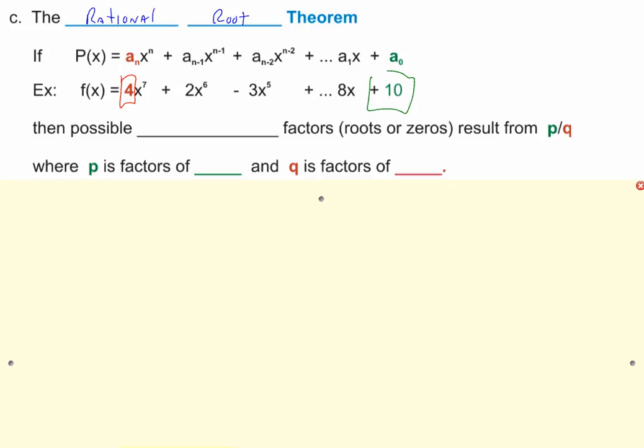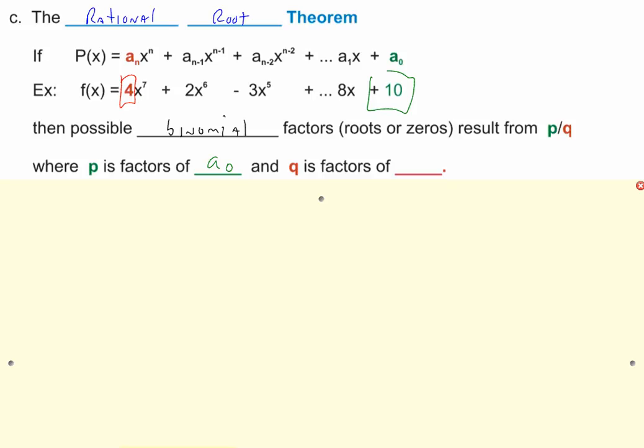All right, so let's write a few things. Possible binomial factors, and remember, these are roots or zeros, result from doing what? P divided by Q. Now, P is factors of a sub 0, the number term, right?